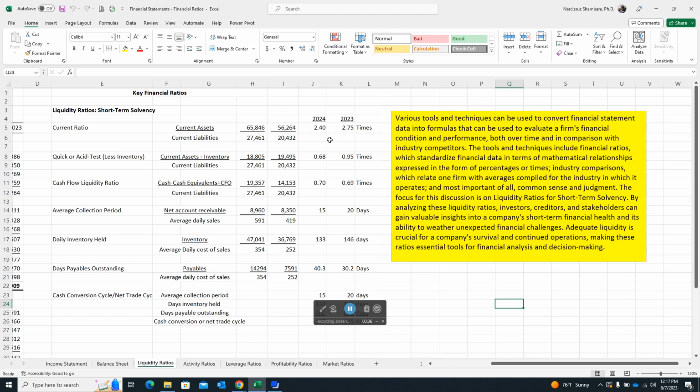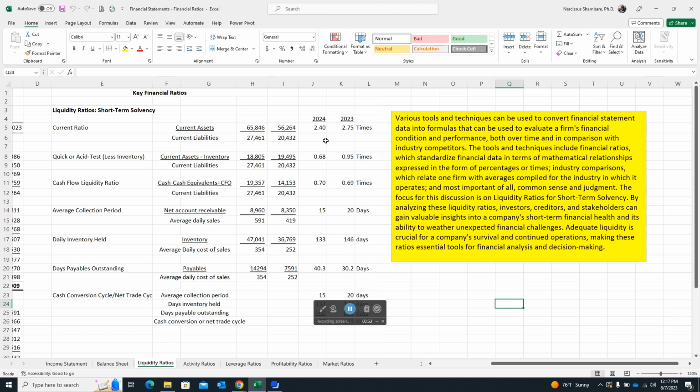For every dollar of current liabilities that this organization owes, they've got $2.40. Which means they've got more than enough to fulfill their short-term financial obligations.